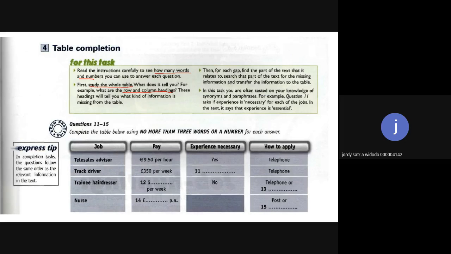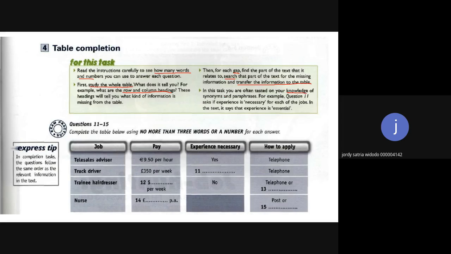Now, you need to read the column headings or the row headings. Okay, and then for each gap, find the parts of the text that it relates to. Search that part of text for the missing information and transfer the information to the table, meaning you write it in the table. In this task, you are often tested on your knowledge of synonyms and paraphrase.